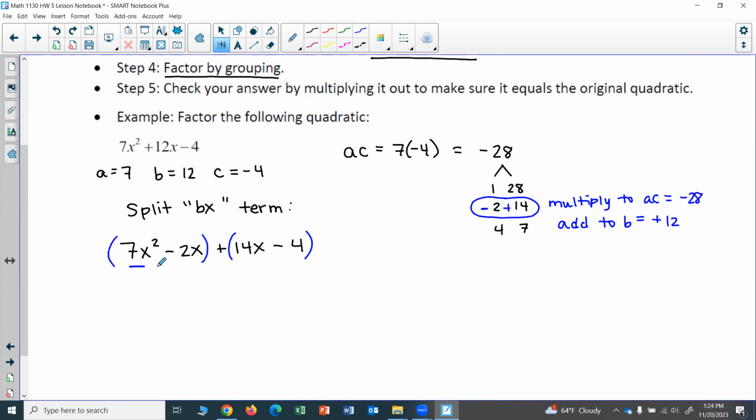So I'm going to look for the GCF right here. 7 and 2 do not share any common factors, so x would be the only thing I could pull out here. I have x squared and x. Here, 14x and minus 4, the GCF of those two would just be a 2. They're both even.